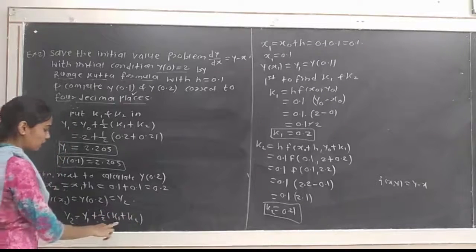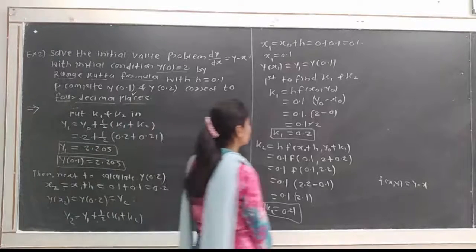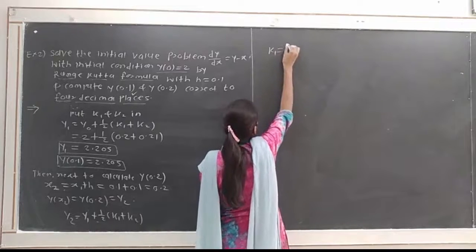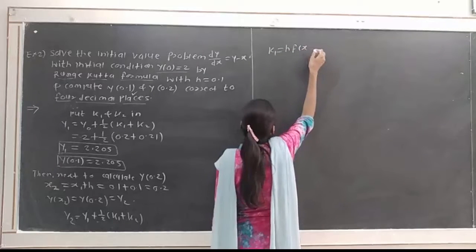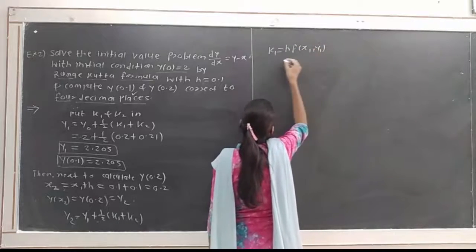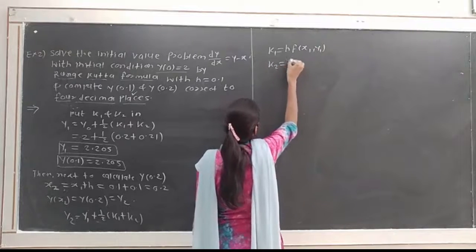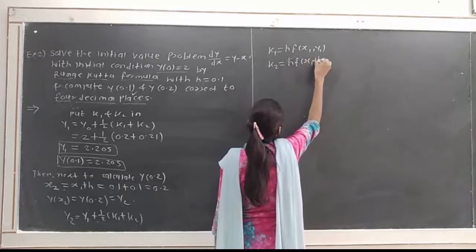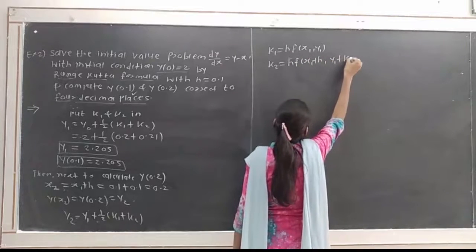So again we have to calculate k1 and k2 using the formula. k1 will be equal to h f of x1 comma y1 and k2 will be h f of x1 plus h comma y1 plus k1.